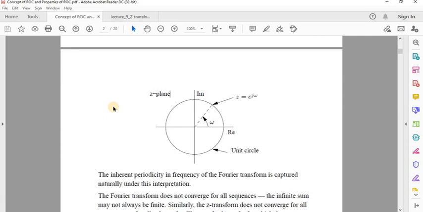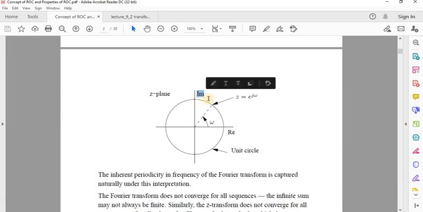We were plotting the poles. Poles were denoted by cross and zeros were denoted by diamonds. For that particular plotting of poles and zeros we were using Z plane. Because it was a transfer function, Laplace transform in S domain. If there is a Z domain we have to use Z plane. There is no difference.